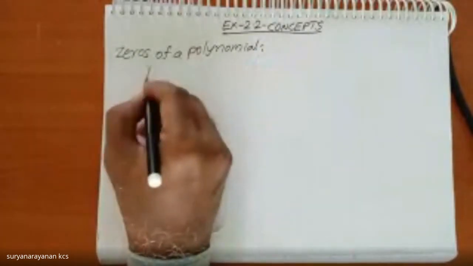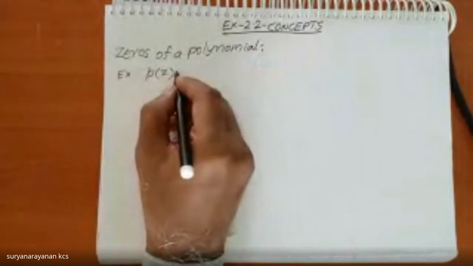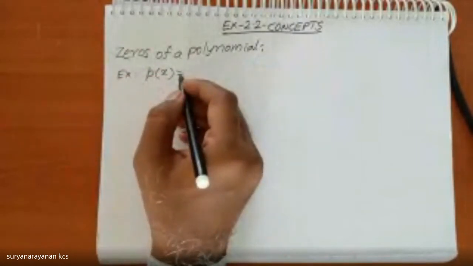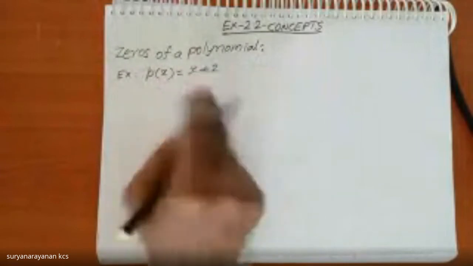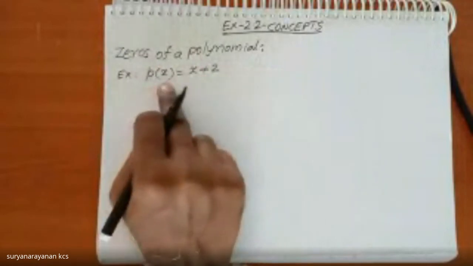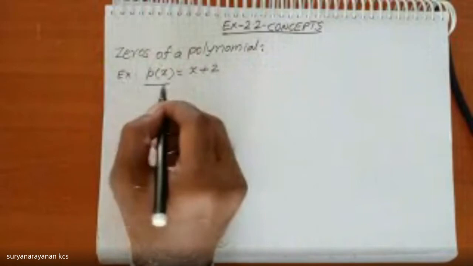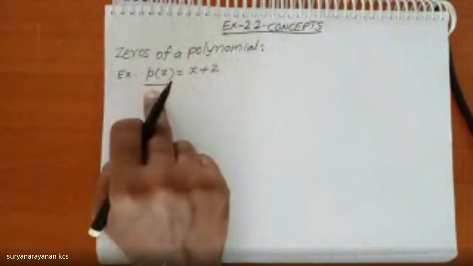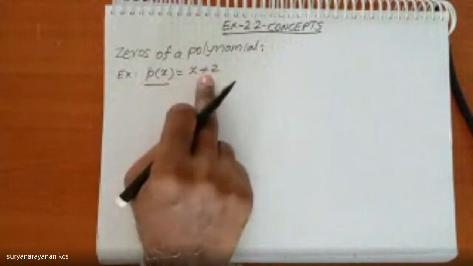Suppose P of x is equal to x plus 2. Here P of x denotes a polynomial in x. This notation denotes a polynomial in x.